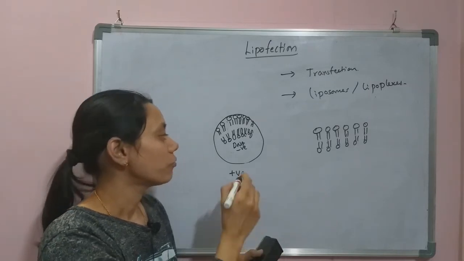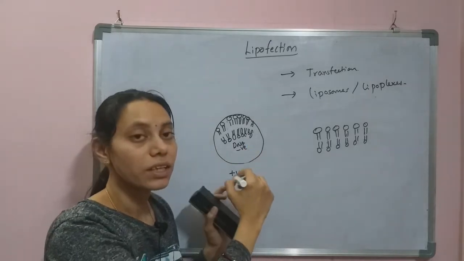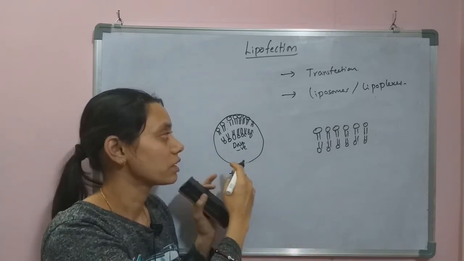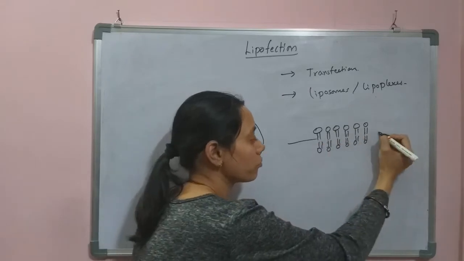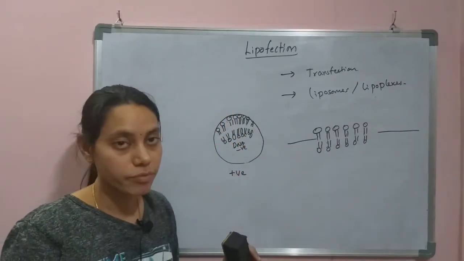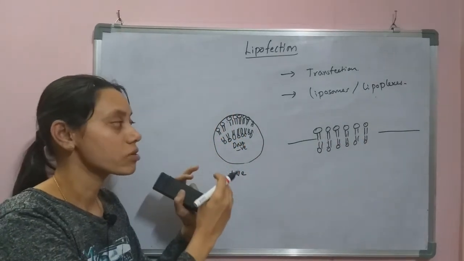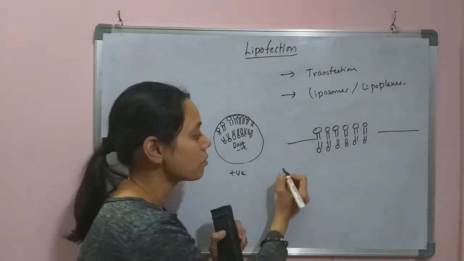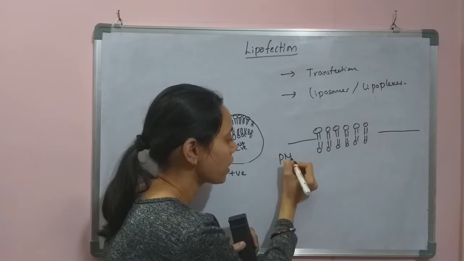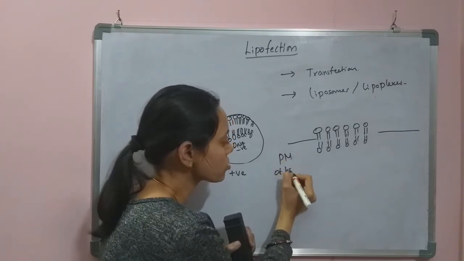So these vesicles are transferred to the biological membranes or plasma membranes. Because of their similar structure, they can be easily taken up by the plasma membrane of the host cells.